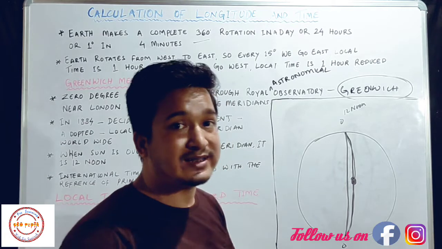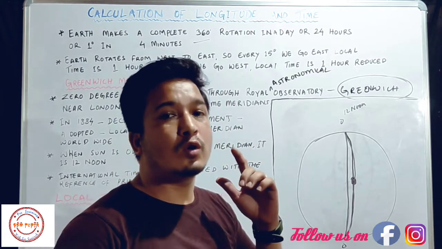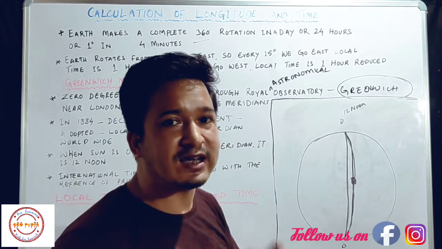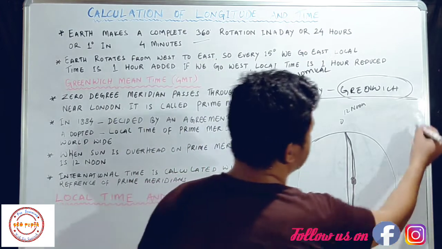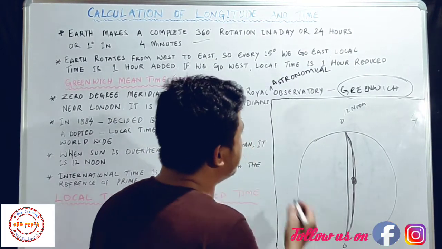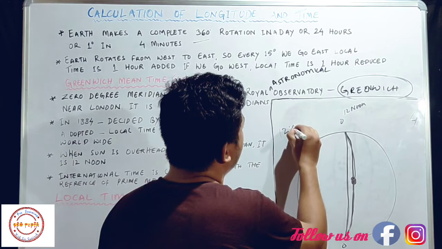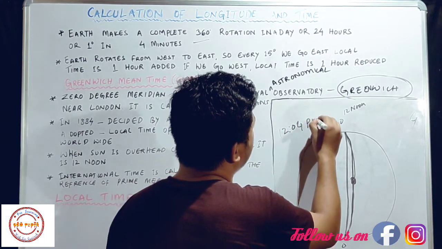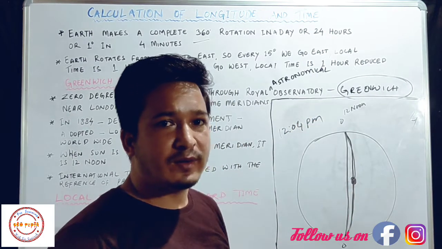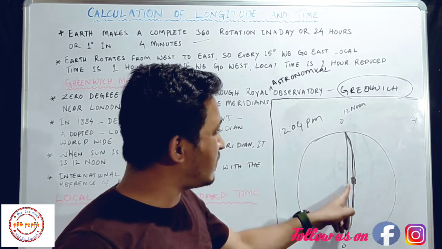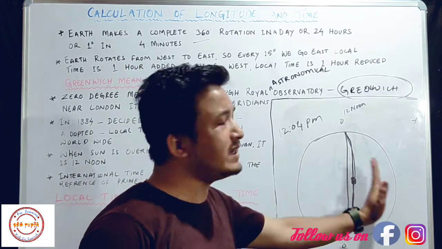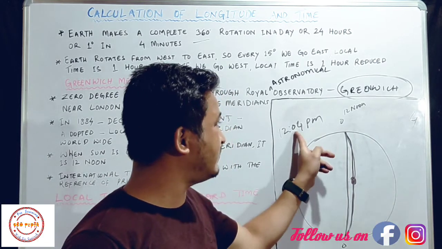So I told you, students, that to rotate 1 degree, earth takes how many minutes? 4 minutes. Then it is simple. It will be 12:04 p.m. here, right? We have added 4 minutes. Why? Because we are moving to the east from the west. So that's why we are adding 4 minutes.